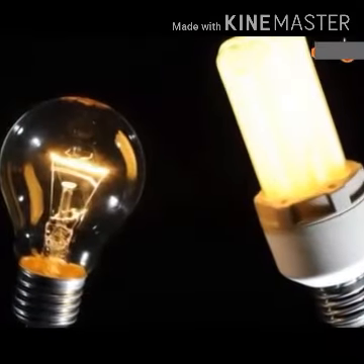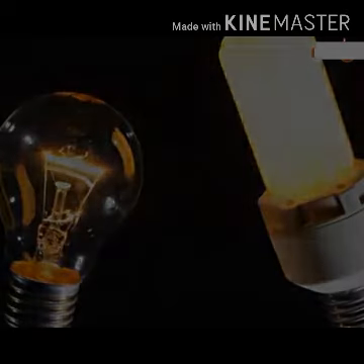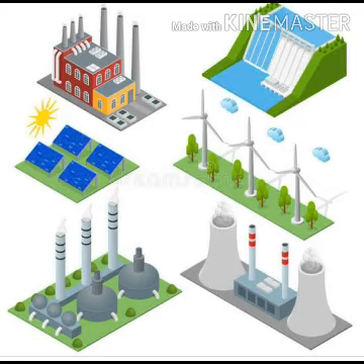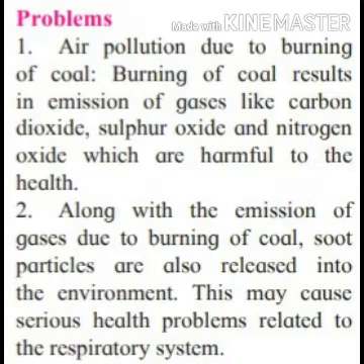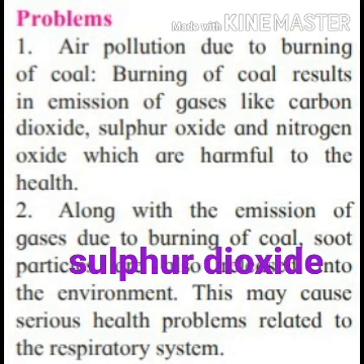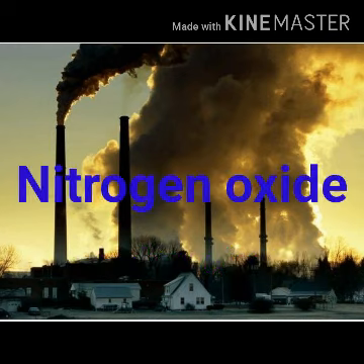Although thermal power generation is a major way of generating electricity, today it suffers from certain problems. They are as follows: air pollution due to burning of coal. Burning of coal results in emission of gases like carbon dioxide, sulfur dioxide, and nitrogen oxide, which are harmful to health.